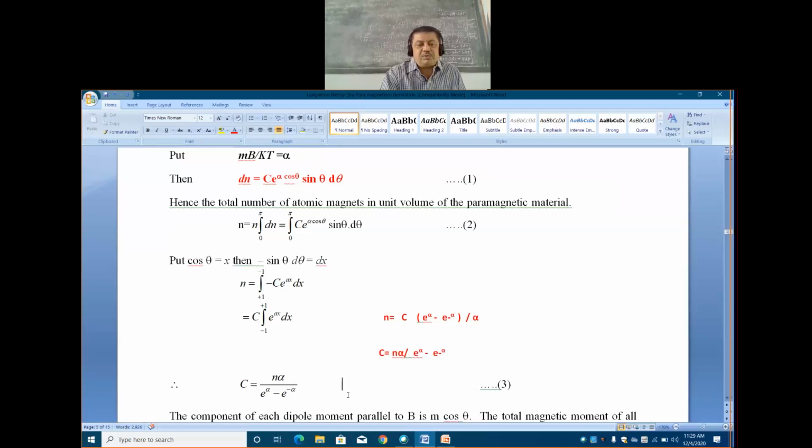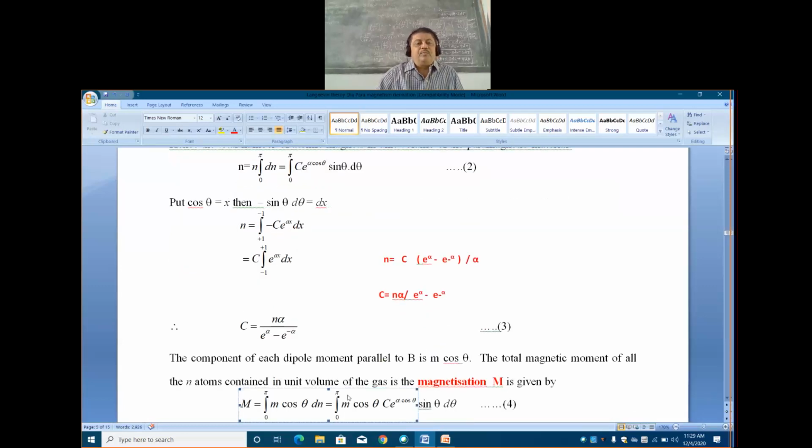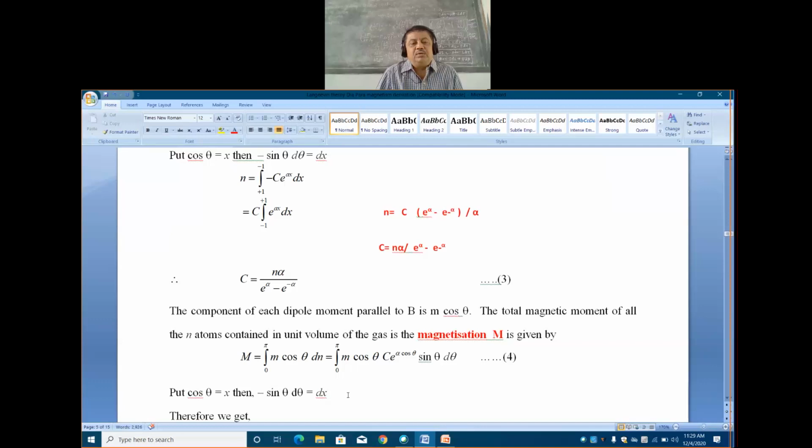This step has come. So now further, the component of dipole which is parallel to the field is m cos theta, because as I told you, sin is horizontal and cos is vertical. So therefore the component which is parallel to the applied field is m cos theta.